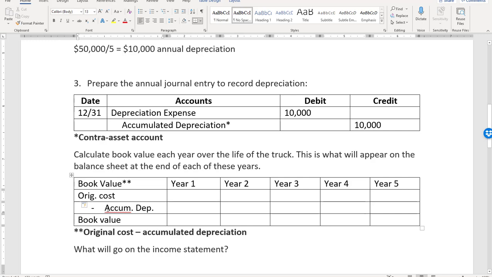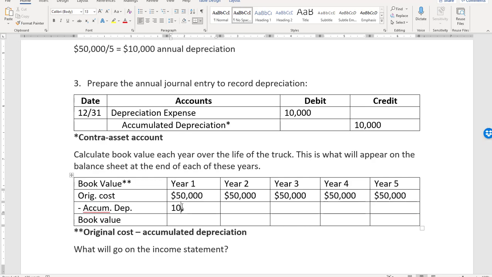All right, so our original cost is not going to change, right? Every year our original cost is the same. It cost us $50,000. What's going to change every year is accumulated depreciation.